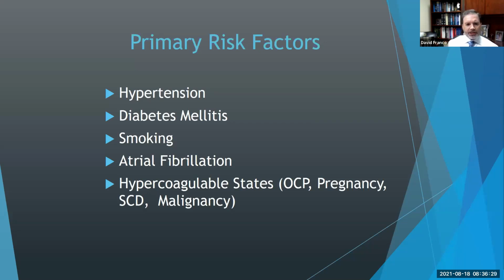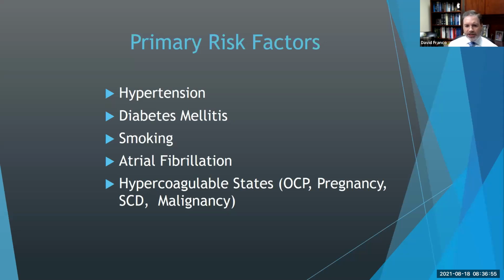Atrial fibrillation is a big one, and that's also important because we treat that very differently. So we're going to find that figuring out whether this is a stroke that came from the cerebral circulation or if it's an embolus that came from the heart is a big decision tree we'll have to face right away when we're treating patients.